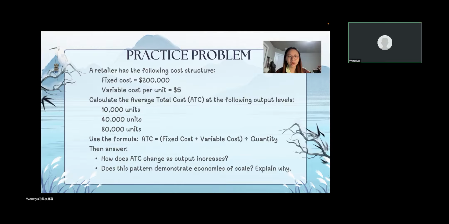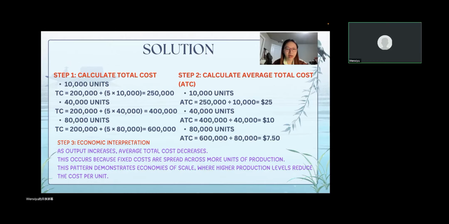Average total cost equals total cost divided by quantity, and total cost equals fixed cost plus variable cost multiplied by quantity. So first we calculate total cost and then divide it by the number of units to find the cost per unit. Now let's solve the problem step by step.